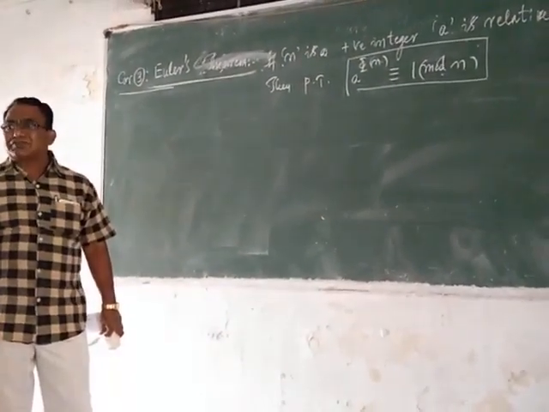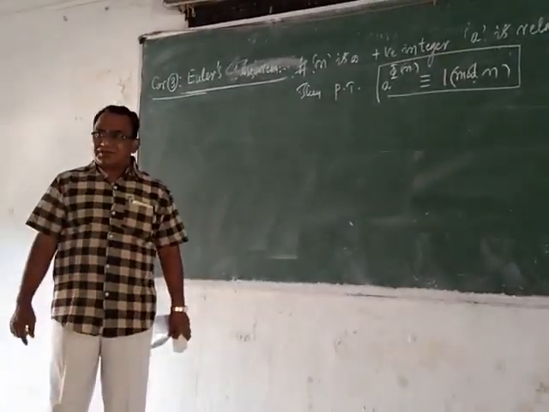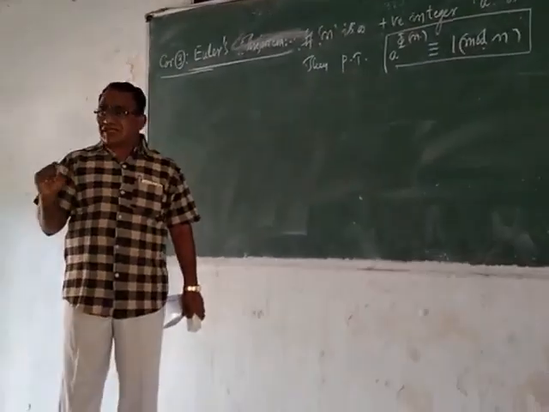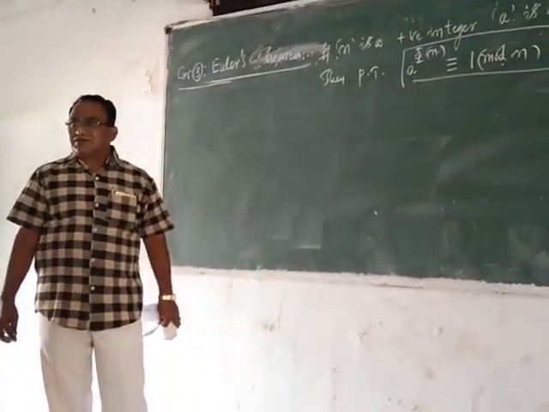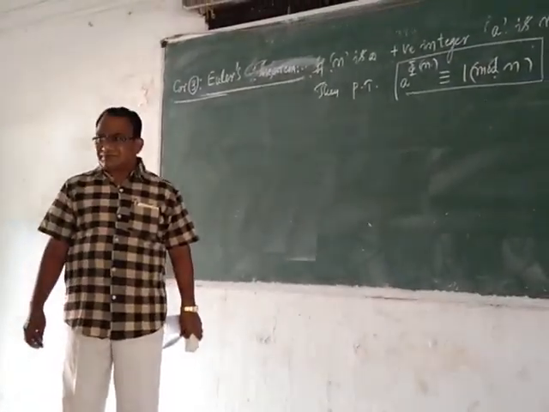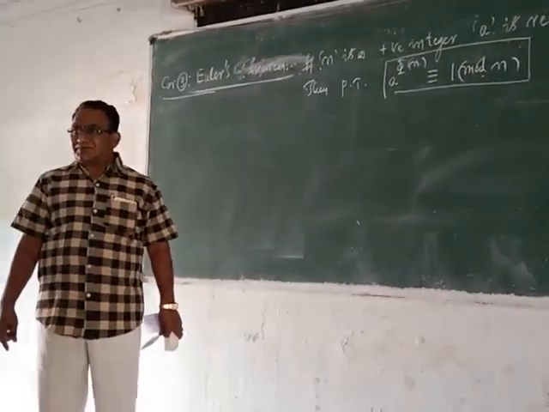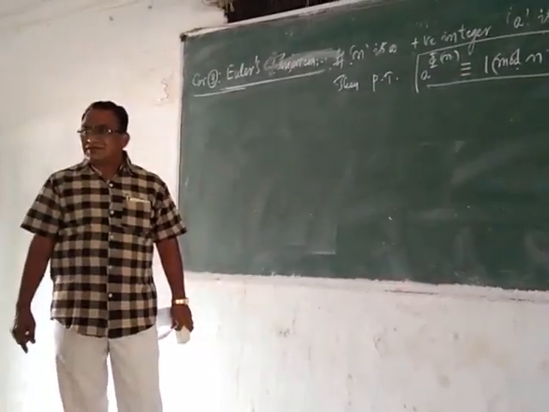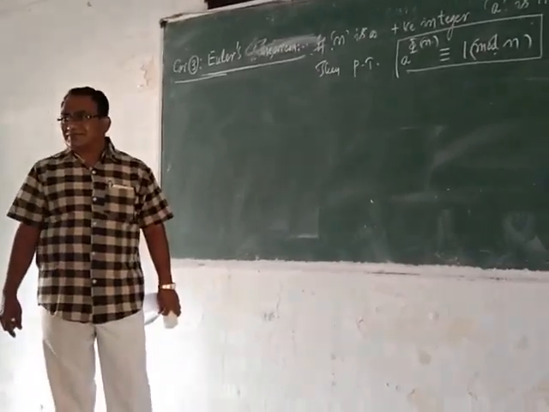Let us call that group G. Let G be a group consisting of all the positive integers which are relatively prime to n. Then what would be the order of the group G? I mean, what is the number of elements present in that group? There are phi n in number.